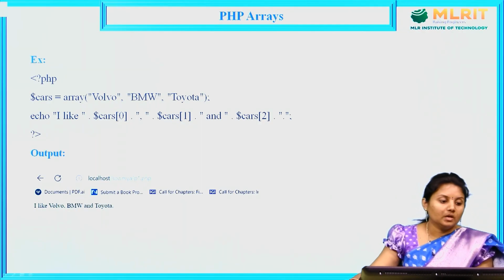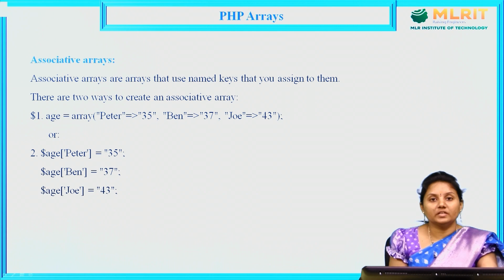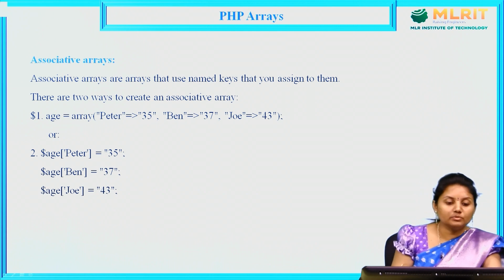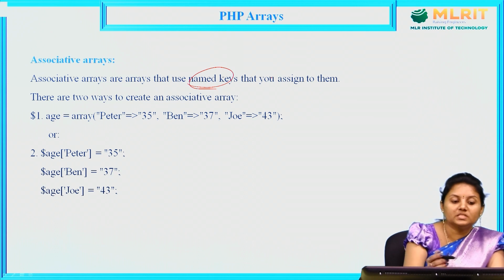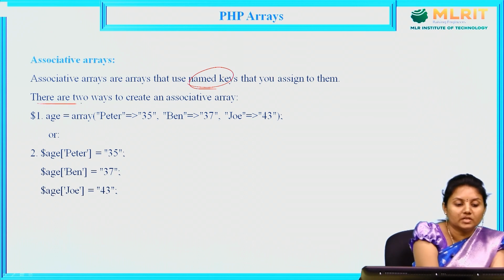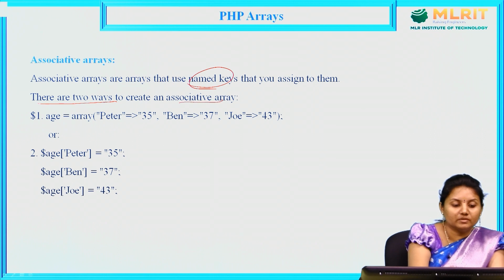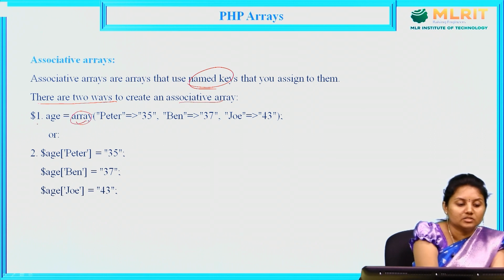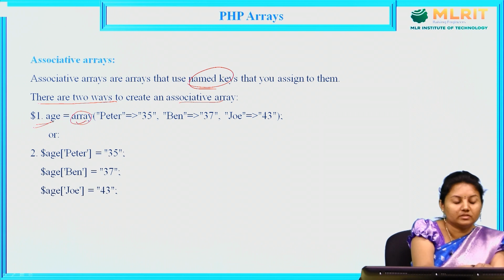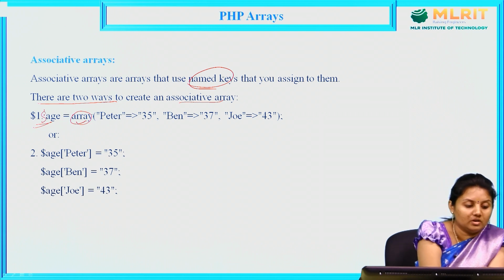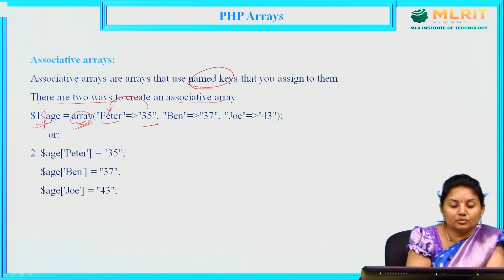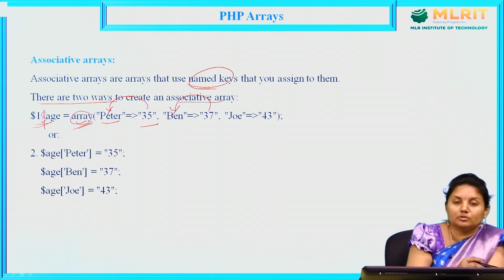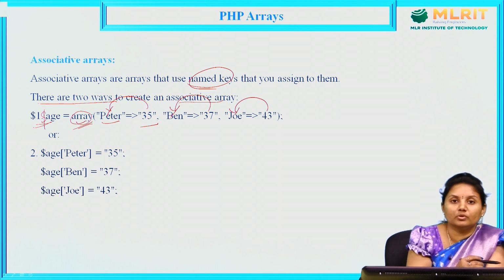Moving further, we will see what are associative arrays. Associative arrays are arrays which use named keys that you assign to them, meaning key-value pairs. So, here, if you see, there are two values to create an associative array. The array is declared as $age, and the array is created here. Peter 35 means 35 is stored for Peter, 37 is stored for Ben, and 43 is stored for Joe.